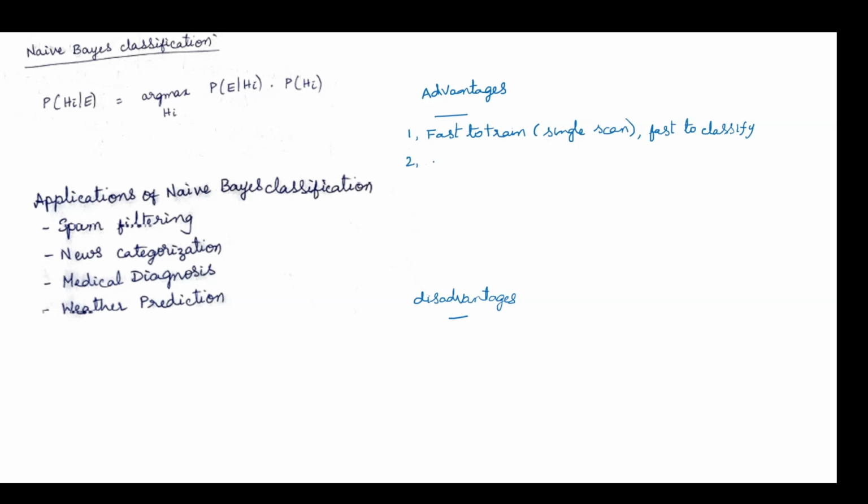Another advantage of naive Bayesian classification is that it is not sensitive to irrelevant features.